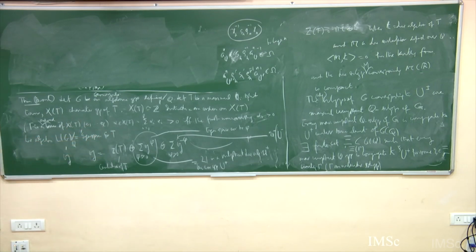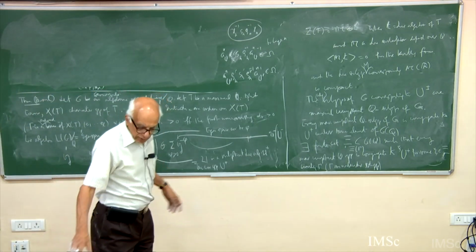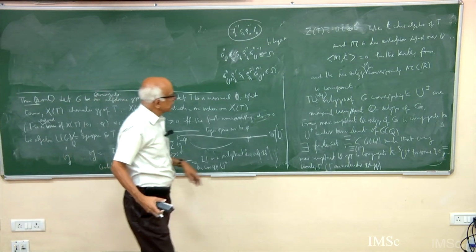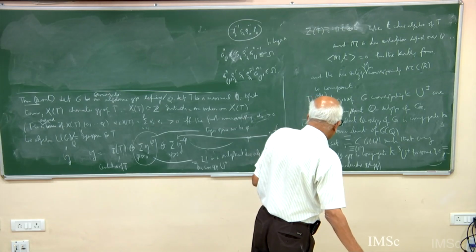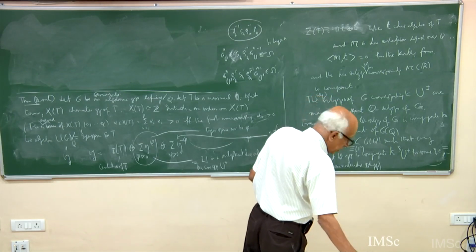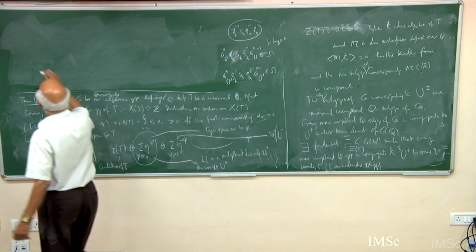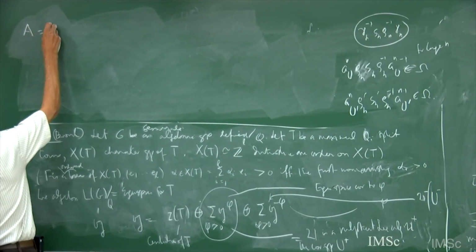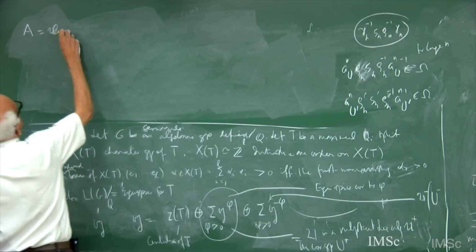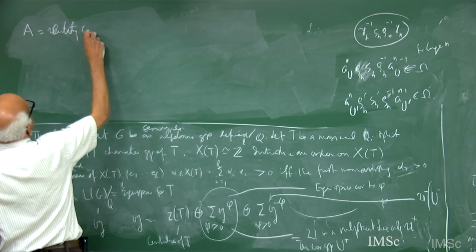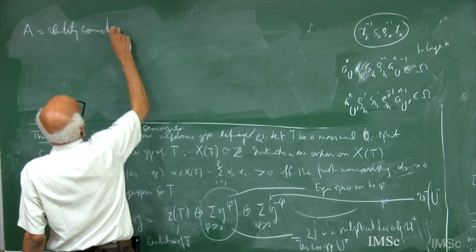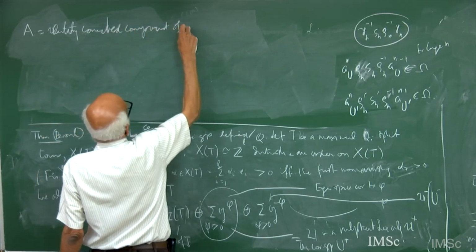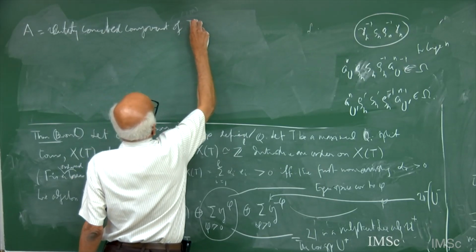Okay. Now, to complete the Borel theorem, I have to introduce some more notation, unfortunately. I denote by A the identity connected component of TR.